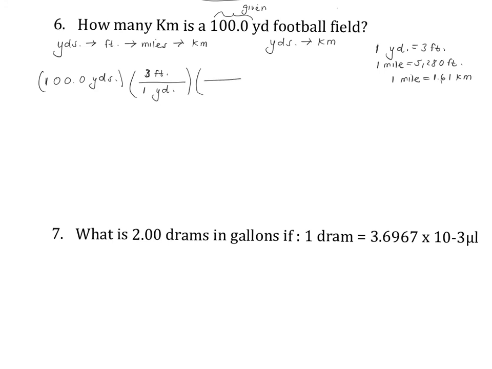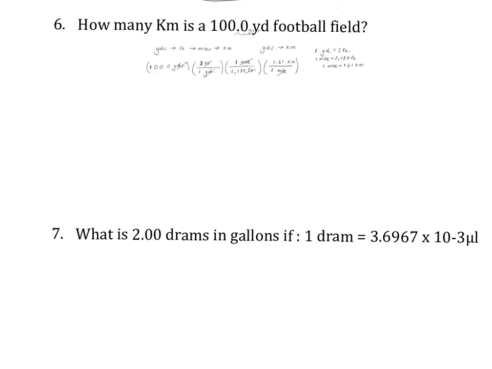And there's 5,280 feet in 1 mile. And in 1 mile, there is 1.61 kilometers. Miles cancels out, feet cancels out, and yards cancels out.